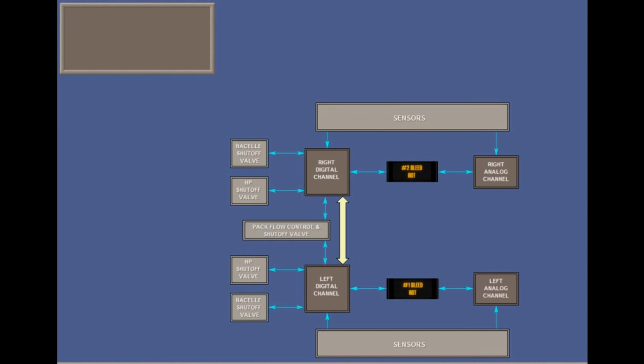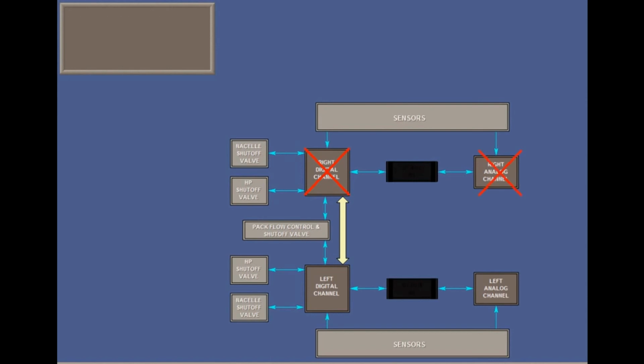A pack flow control and shutoff valve regulates the combined output bleed flow. With both engines running, the ECU balances bleed flow evenly between engines by regulating the nacelle flow control and shutoff valves. If a digital channel fails, the analog backup will step in automatically, and operation should be normal.